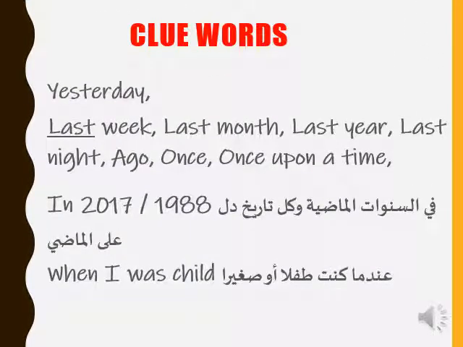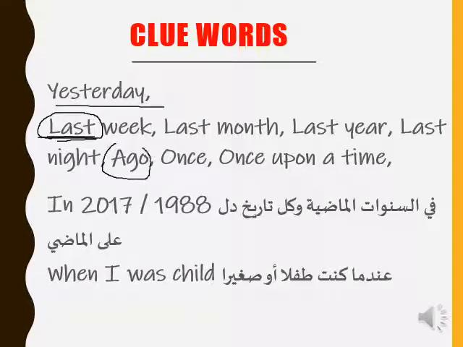Finally we come to the clue words. الآن جينا على الكلمات اللي نستخدمها للدلالة على الماضي. من اسم ماضي فمن أشوف جملة موجود بها yesterday إذن هو ماضي. كلمة last الماضي last week, last month, last year, last night. كل كلمة last تدل على الماضي.